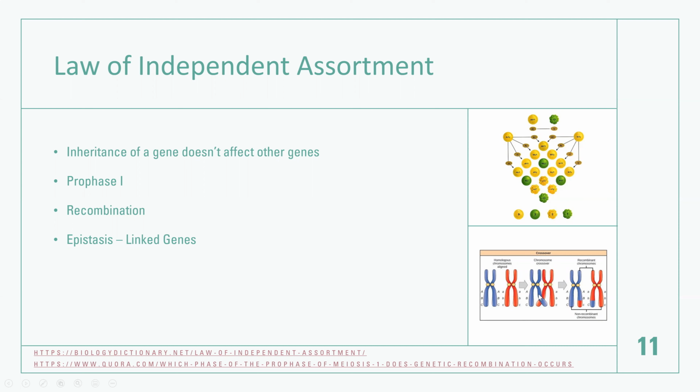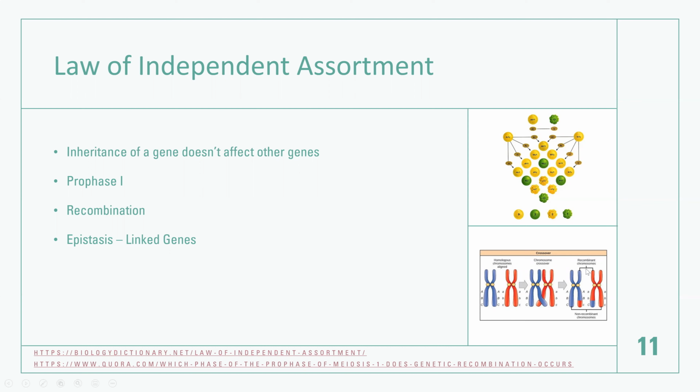So while you may get the chromosome with the dominant alleles from your mother, since crossing over can happen and you can swap genes, you may also get a recessive allele from your father. So he's saying that all genes don't necessarily go together.